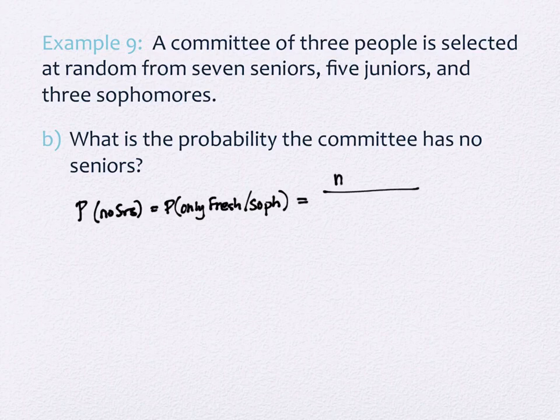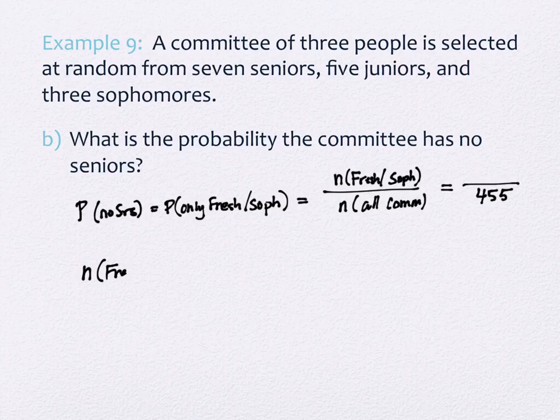So on top, I need the number of ways of having only freshmen and sophomores. And on bottom, I need the number of ways of having all committees, but I've already found that. That was 455. So the only calculation I have to make for this one, because I've done work already on the problem, is the number of ways of having freshmen and sophomores.